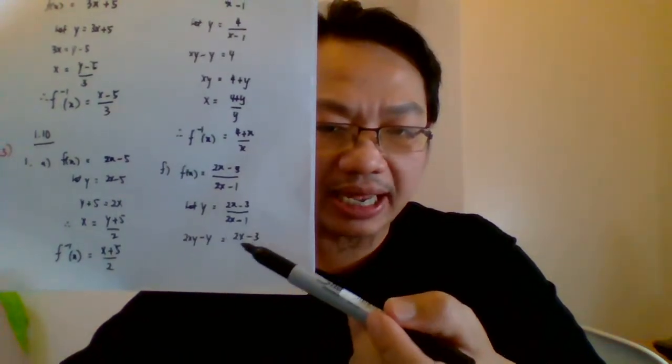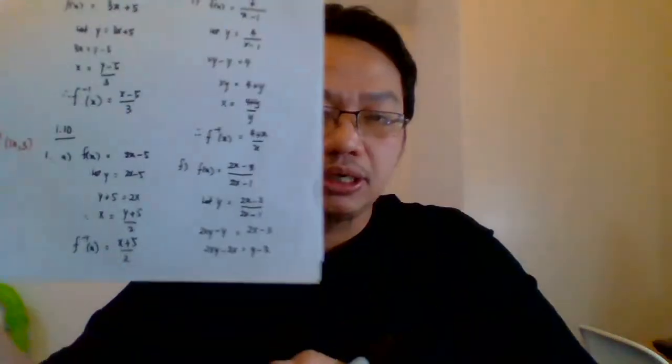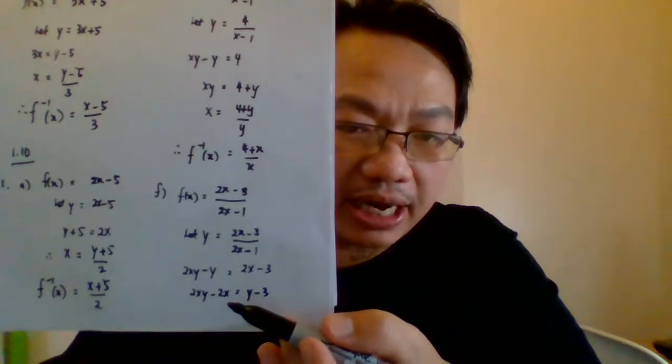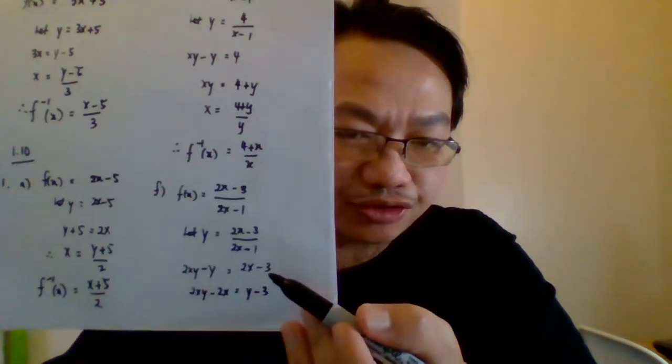But this 2x, we got x here, we need to move to the left. So we regroup all the x on one side and the other things on the other side. So it will come to 2xy minus 2x equals y minus 3 here. Y is negative, move here, it becomes positive, minus 3.